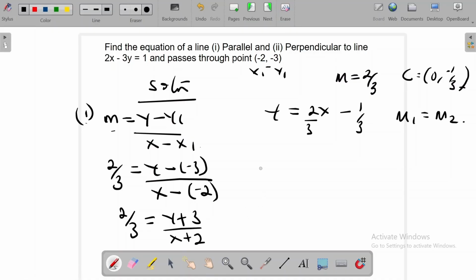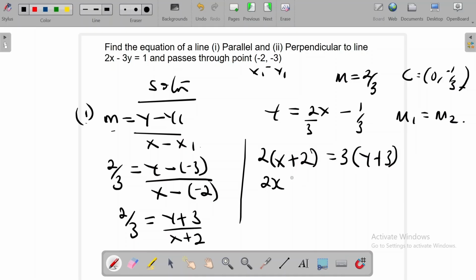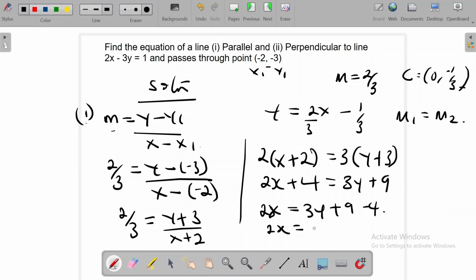And this gives me 2 times x plus 2 equals 3 times y plus 3, that is 2x plus 4 equals 3y plus 9. 2x is equal to 3y plus 9 minus 4. So I end up with what? 2x is equal to 3y plus 5.